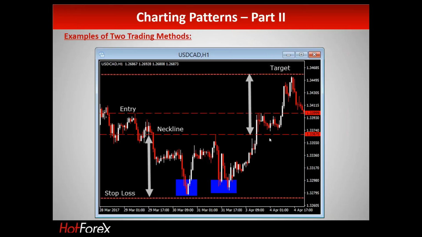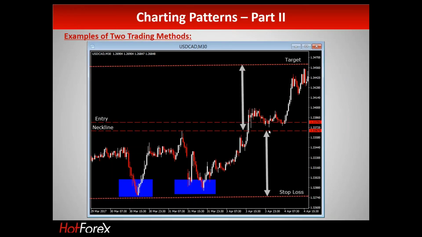If that's what you're asking, I believe that's quite risky. It depends on the time frame that you are trading. So if you're an intraday trader, a 30 minutes one or a 15 minutes one.